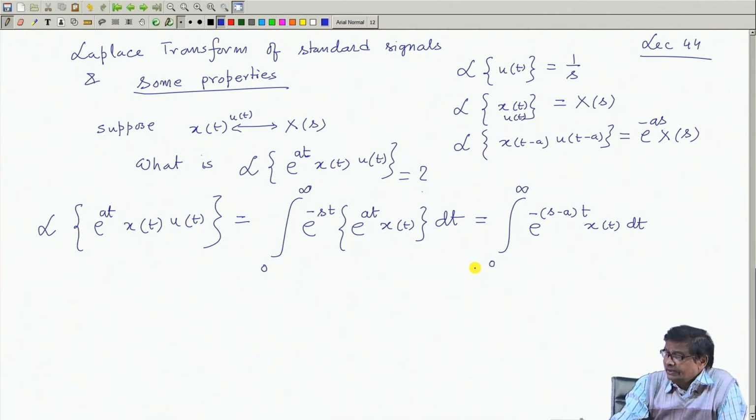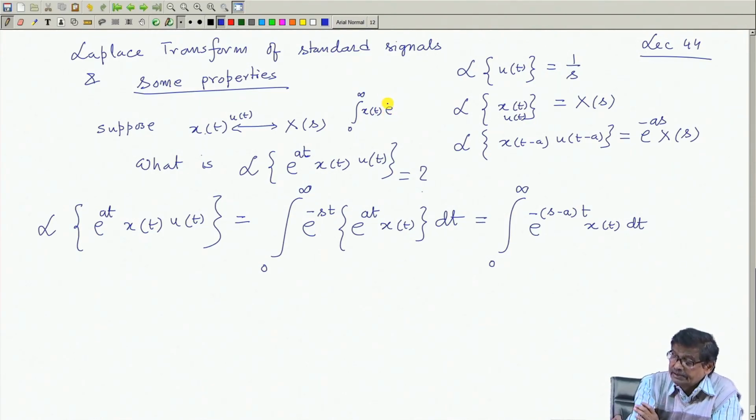Now, I have got the result: integral from 0 to infinity of e to the power minus (s minus a)t x(t) dt. But I know that the Laplace transform of x(t) is X(s), which means the integral from 0 to infinity of x(t) e to the power minus st dt is X(s).